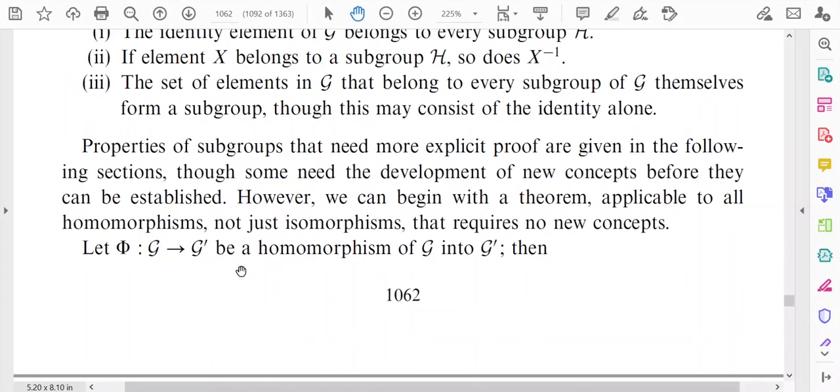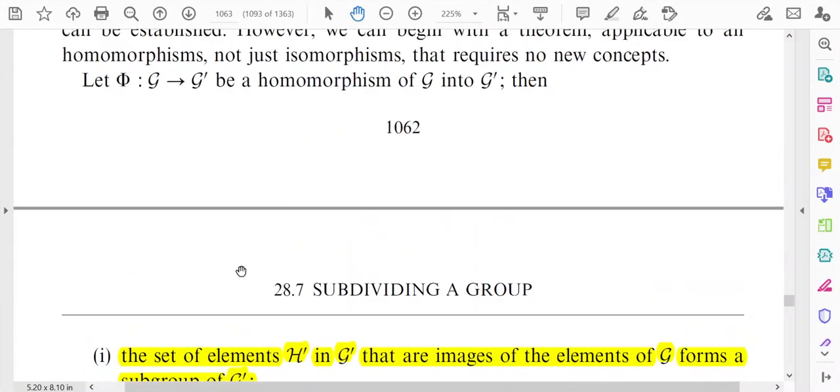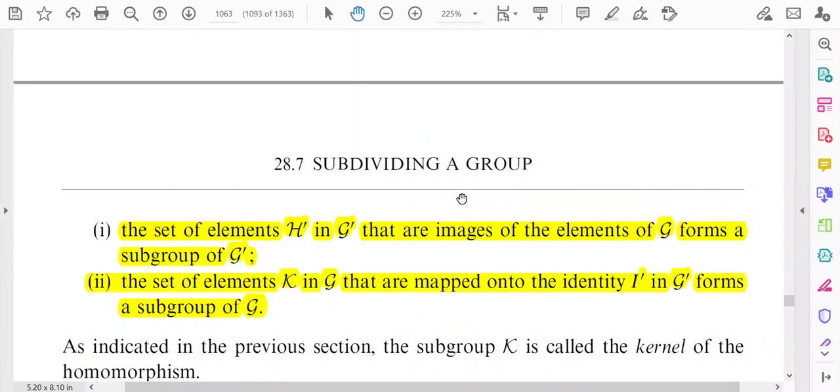Now we will discuss some more properties of the subgroup. Suppose phi is a mapping of G onto G prime, and this is a homomorphism of G into G prime. Then the set of elements H prime in G prime that are images of the elements of G forms a subgroup of G prime.